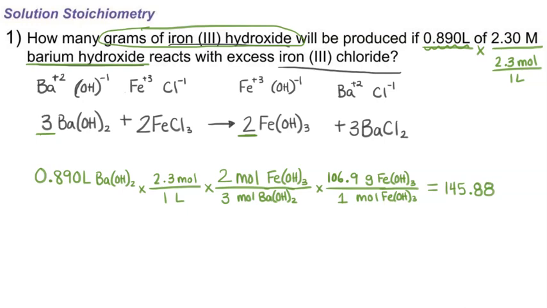And if we take a look back at the problem, we have 3 sig figs in our volume and 3 sig figs in our molarity. So our answer should also be rounded to 3 sig figs. And this 8 is going to make the 5 round up. And so instead of 145, it's going to be 146 grams of FeOH3. And now we can box in that final answer.